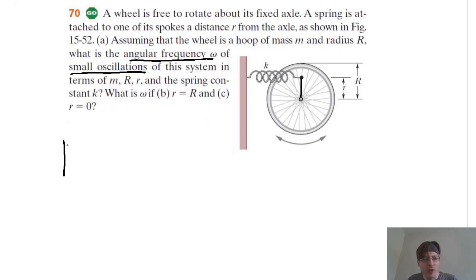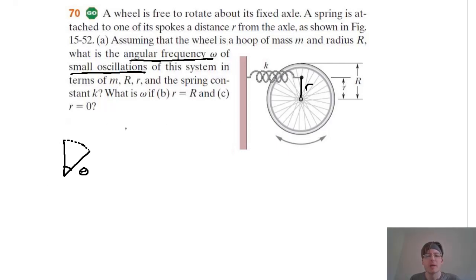Now, when I turn the wheel, this attachment point at little r turns a little bit, and now it goes down here. What I need to do is write the torque that the spring gives to the wheel when it's been displaced to an angle theta. Here's theta.